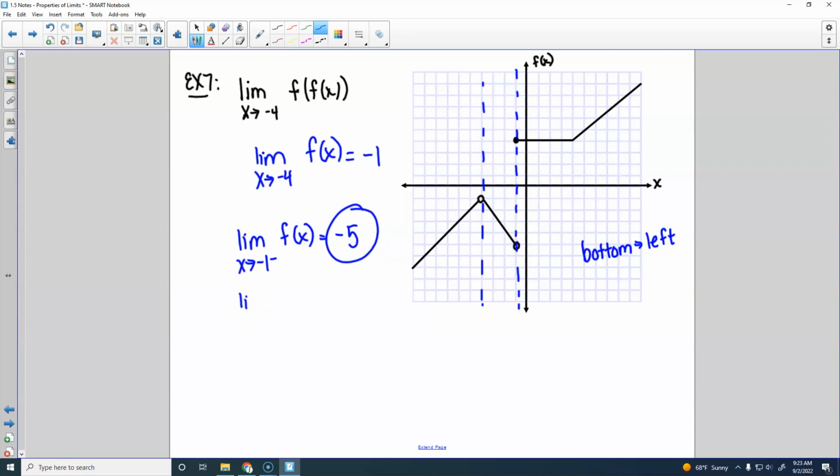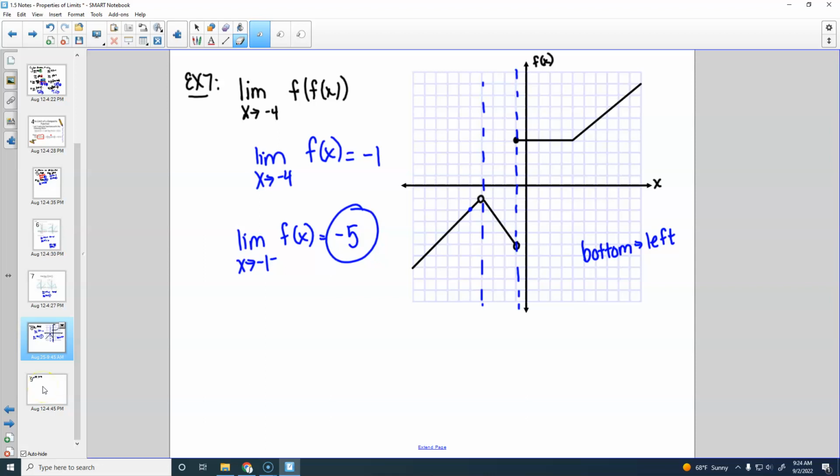So we'd be doing limit as x approaches negative 5 from the right of f of x. So that would be at negative 5 right here, we'd get negative 2. And then you'd keep going with that. So it would just depend on what your values were for your function. For some functions, it may eventually end in does not exist, or it may become repetitive. For others, you could just get random values for a really long time. It just depends on what equation you've got. That's a good question, though. Okay, questions here?